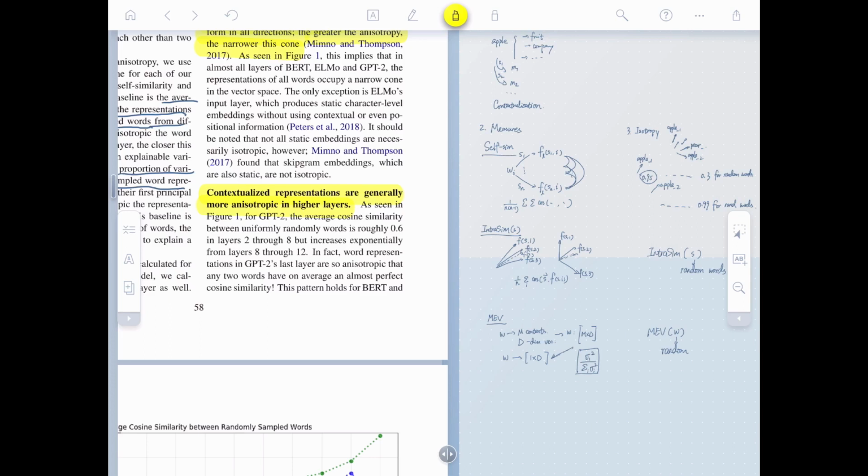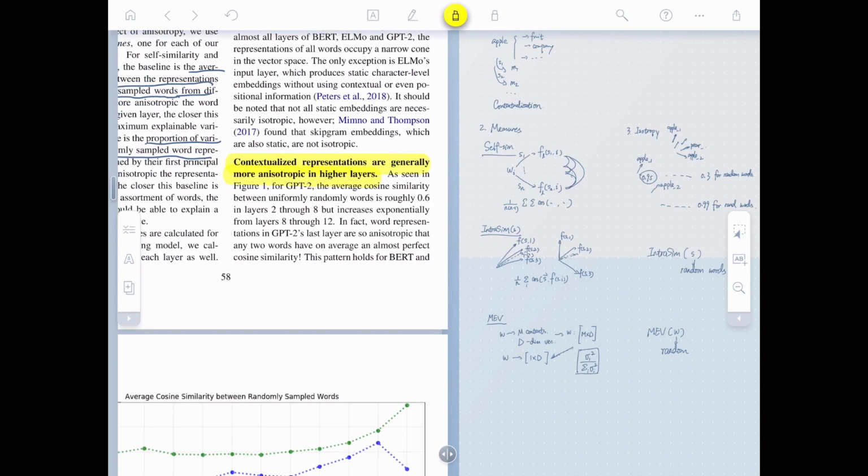This is sort of intuitive because if you go higher up in the layers, you do more post-level processing and you retain less of the information contained in the word rather than the context. So the representations are more anisotropic.